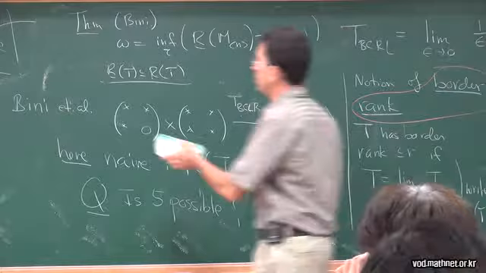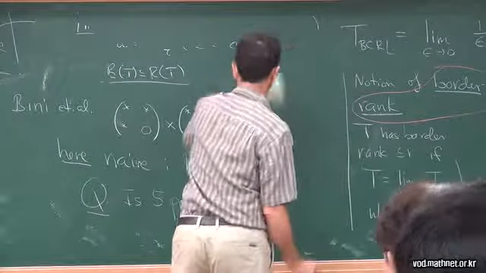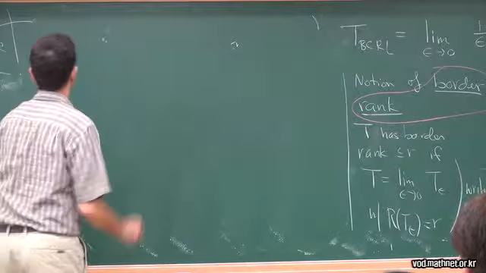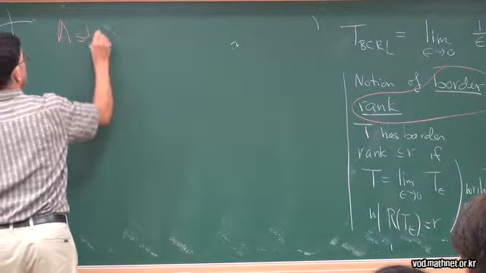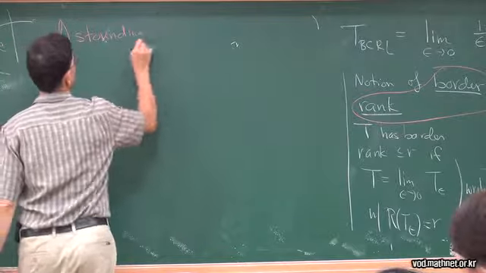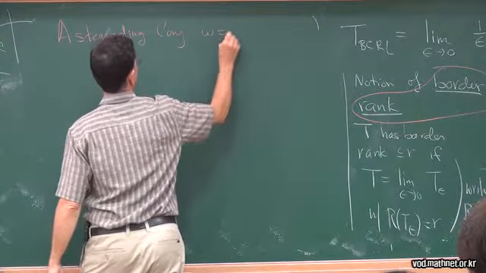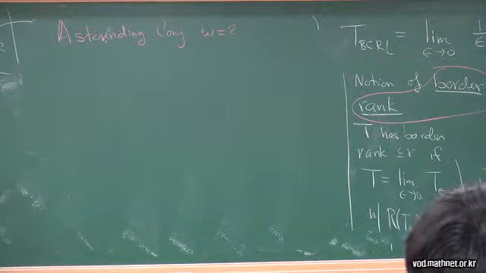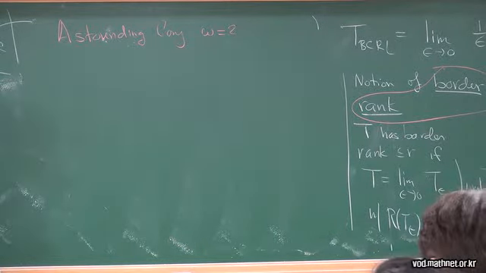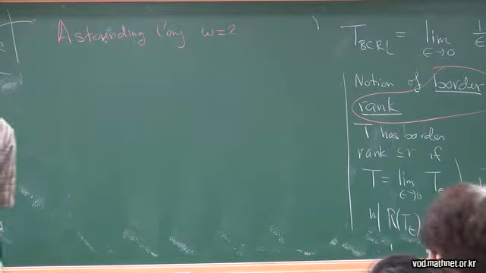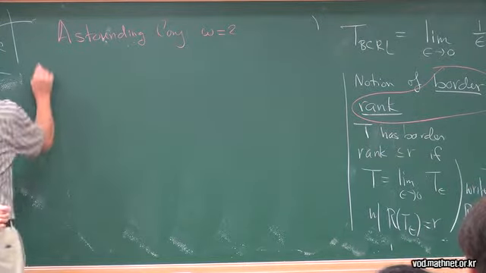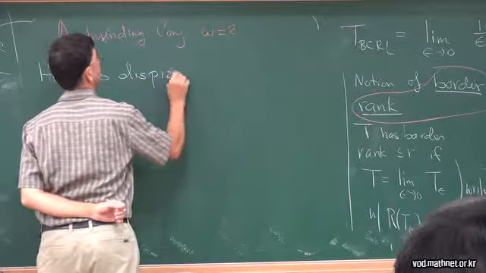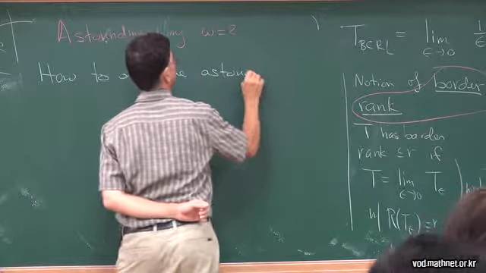So, we have this astounding conjecture that omega equals 2. Let's say you're like me and you're skeptical. How to disprove the astounding conjecture?